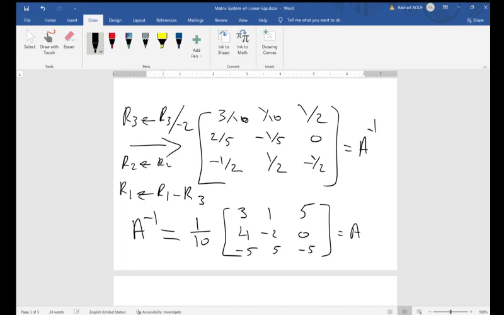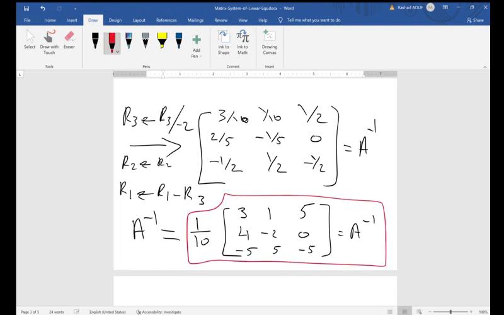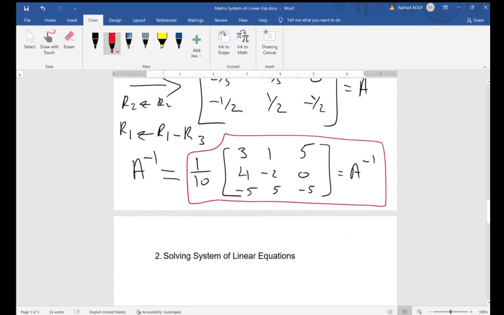This is A minus 1, the inverse matrix of A.